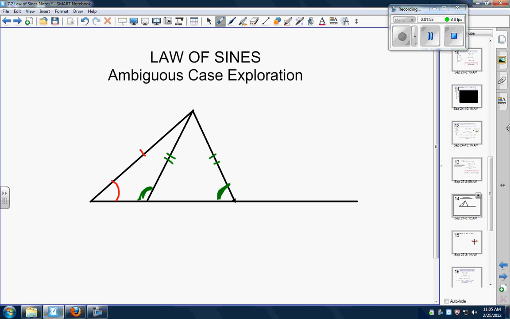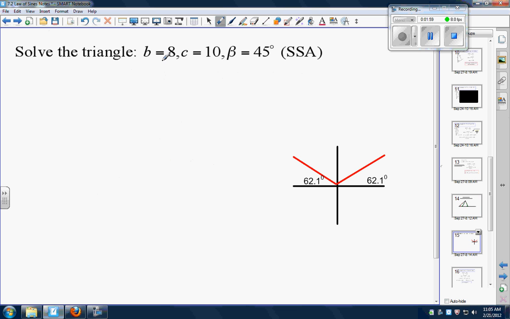Okay, so let's look at an example with this here. I give you b is 8, c is 10, and angle B is 45. Look at what they give you. If they give us side b and angle B, automatically I'm going to use those.